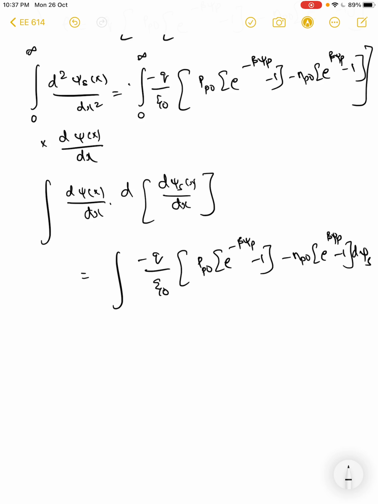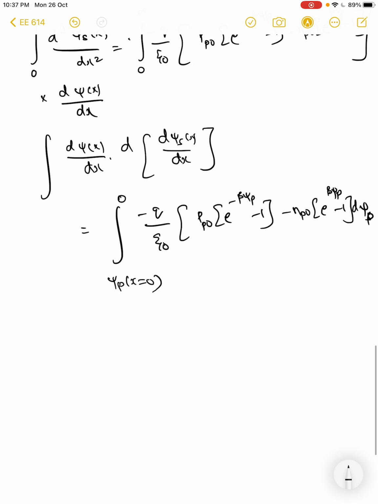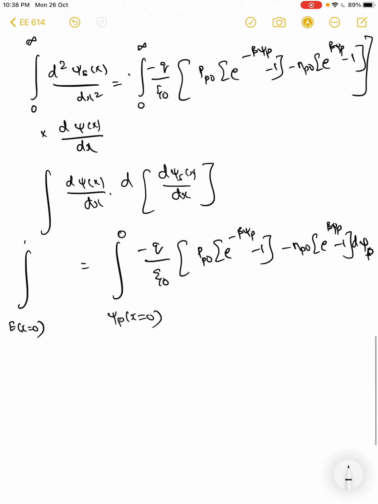And at x equal to 0, this is ψ_p. At x equal to 0, you have ψ_p of x equal to 0, and at x equal to infinity, ψ_p will be 0, right? Because ψ_p, as we discussed before, is the deviation from the intrinsic level, which will be 0 at infinity. Now on the left hand side, dψ by dx is basically E, right? And at x equal to 0, you have E of x equal to 0, and at x equal to infinity, the electric field is obviously 0.